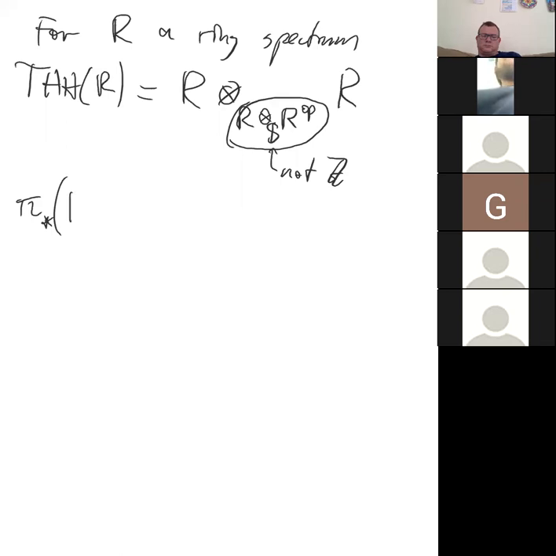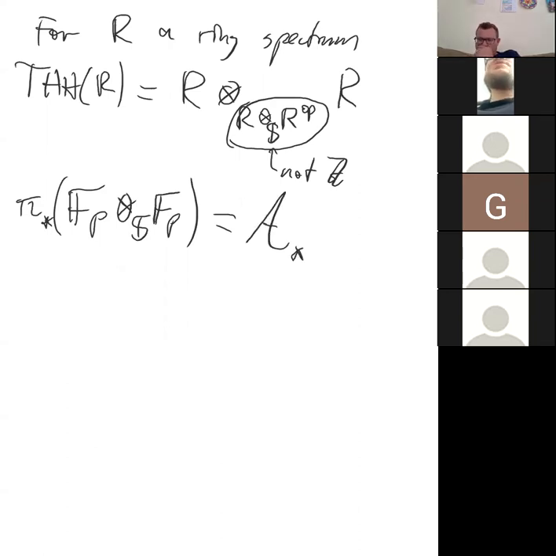So for Fp, what's Fp tensor Fp over S? Previously, over Z, this was just an exterior algebra. Here, this is the Fp homology of an Eilenberg-MacLane spectrum. So this is huge. This is the dual Steenrod algebra. Since this is already much more complicated than the exterior algebra we got while working over Z, you're pretty scared at this point that THH is just going to be all over the place. That's not the case.